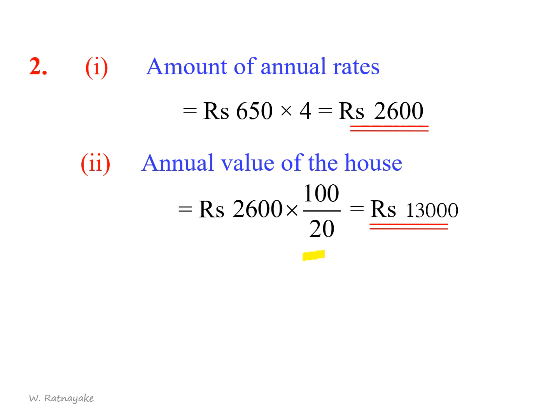This is how we find the annual value. Then when you simplify 2,600 multiplied by 100 upon 20, you know how to simplify these types of expressions, you get rupees 13,000.